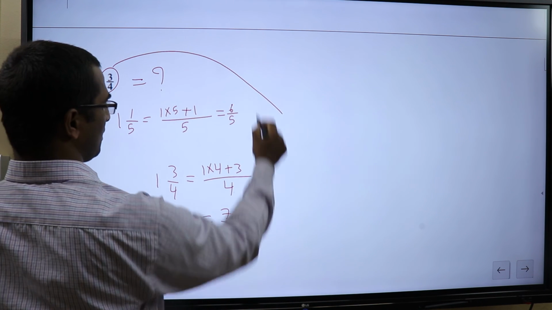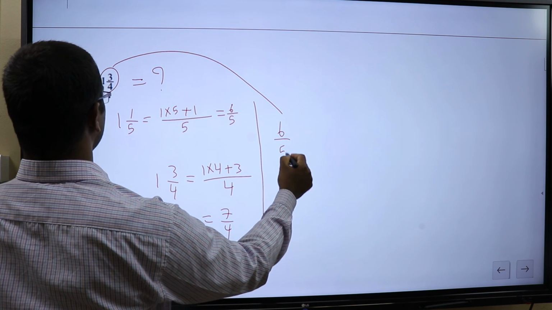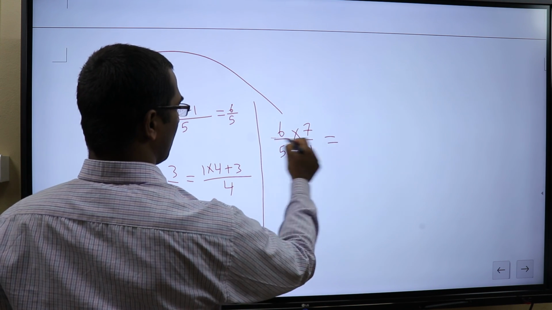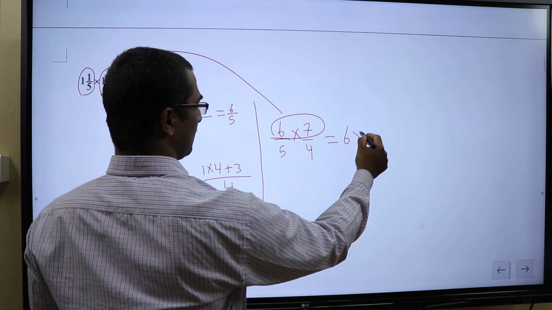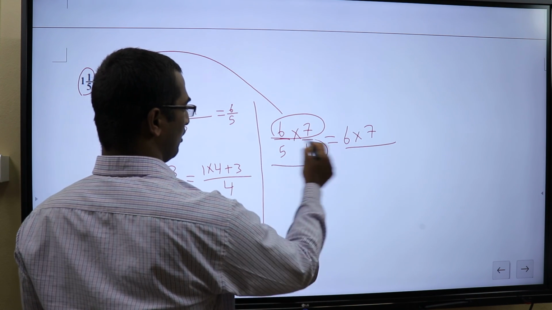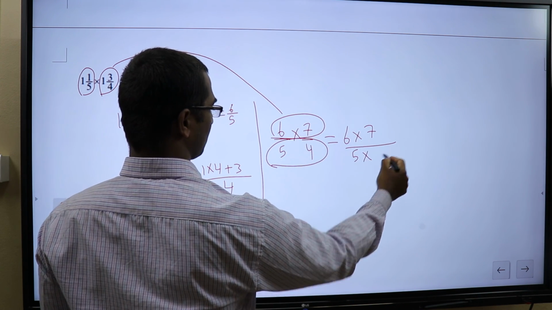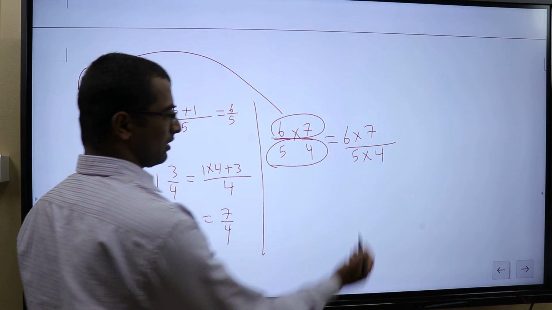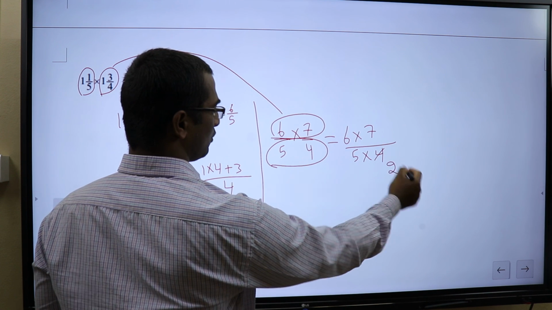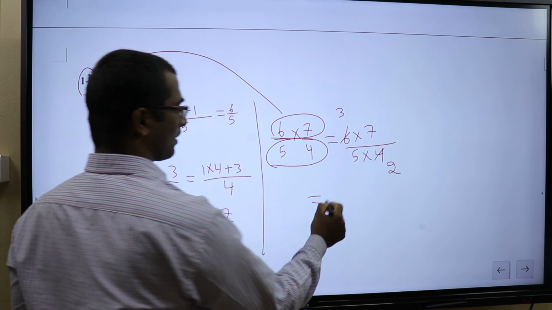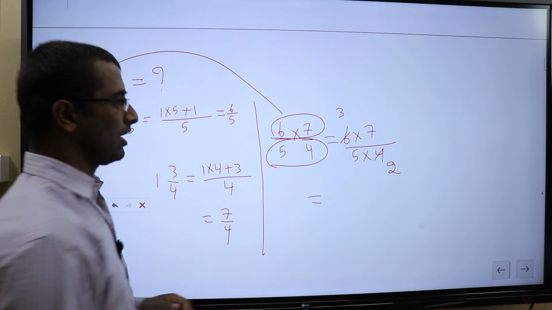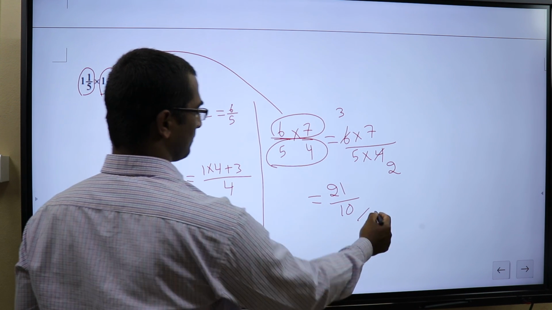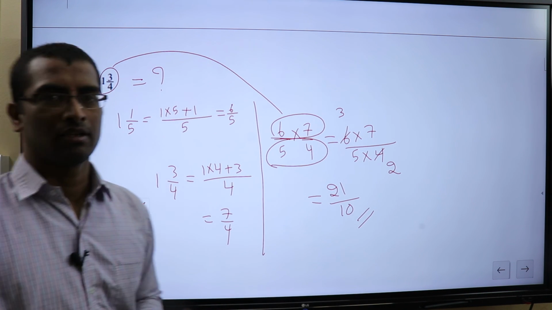So this now becomes 6/5 times 7/4. Write numerators in the numerator, denominators in the denominator. Okay. What gets cancelled out? I can cancel 6 and 4 in the 2 table, 2 twos, 2 threes. Further cannot be cancelled out. So now 3 into 7, 21, 5 into 2, 10. So this is the answer.